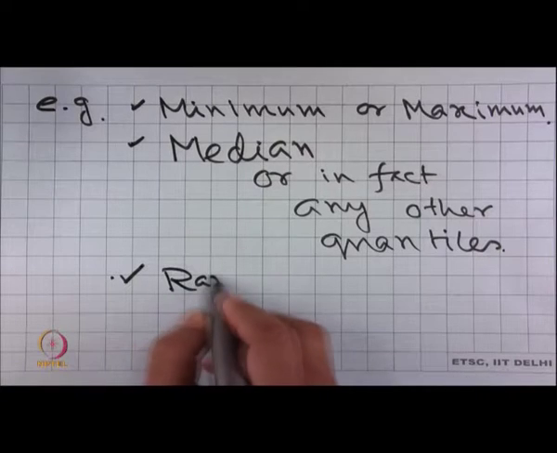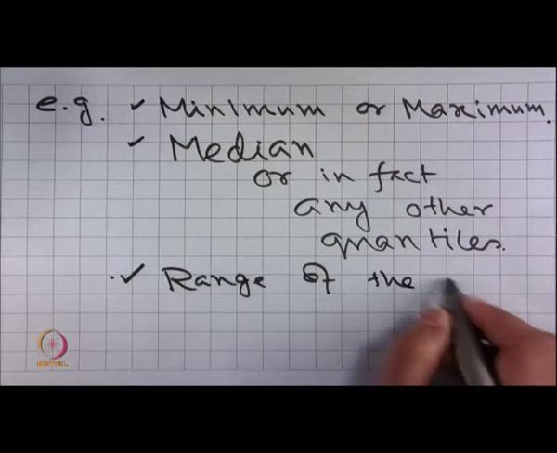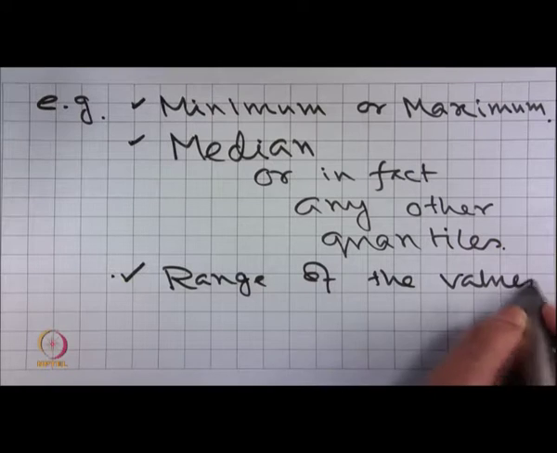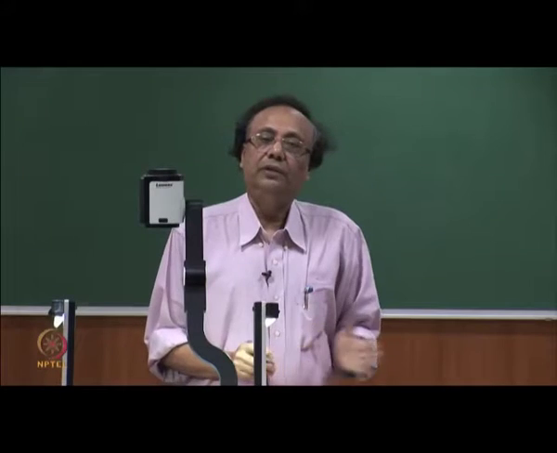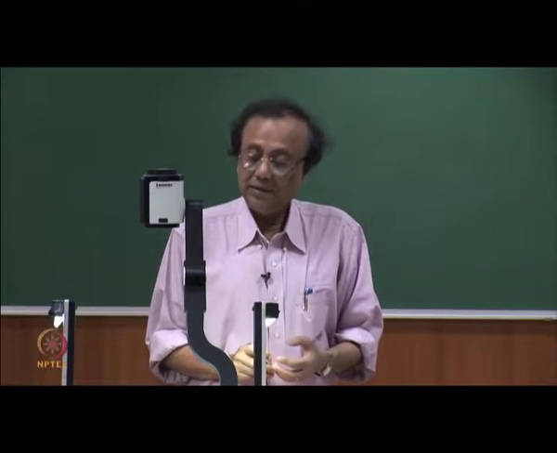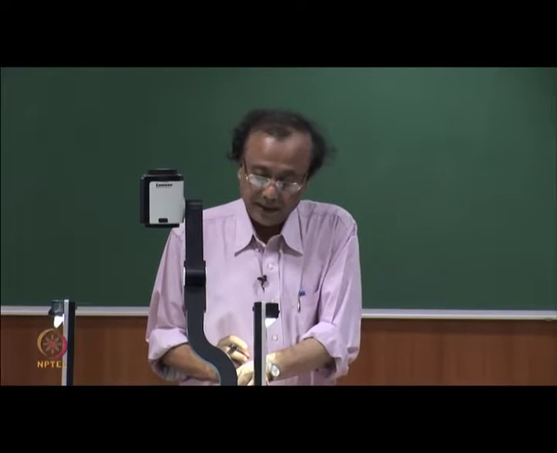range of the values, say what is the expected range of the attribute in the population, that is the maximum minus the minimum.